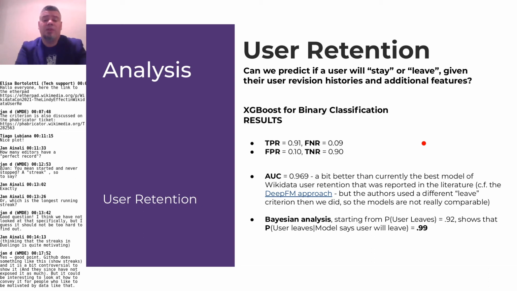If you take that as your so-called a priori probability and use very simple mathematics, including Bayes' theorem, we figured out that starting from this 0.92, if our model says that a given person will leave Wikidata in the next month, then they will leave with a probability of 0.99.